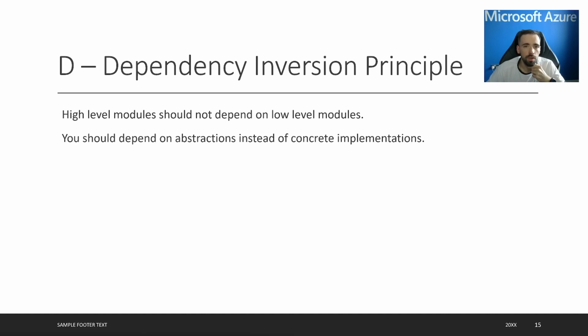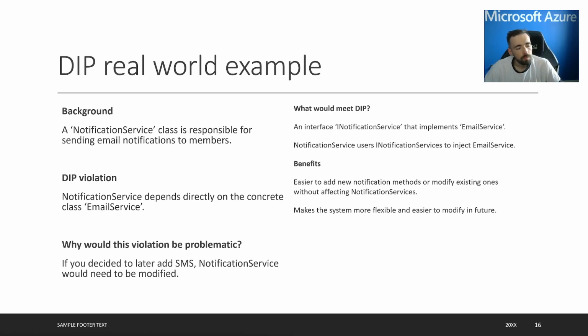The final principle is the dependency inversion principle, and this says that high-level modules should not be forced to depend on low-level modules. It also says that you should depend on abstractions instead of concrete classes. So in our real-world example, we've got a NotificationService class that is responsible for sending emails to users.